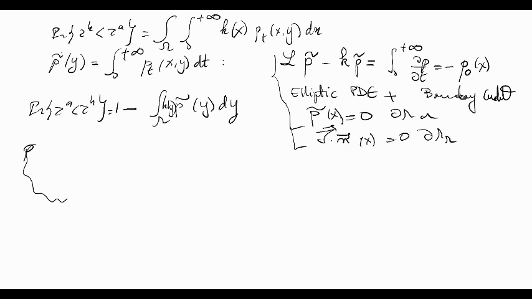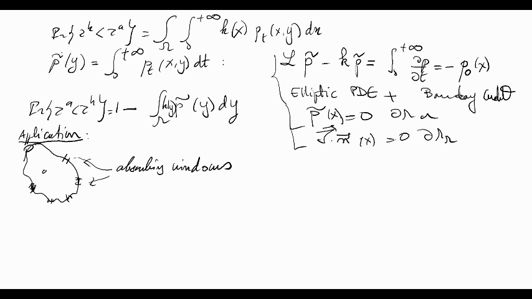So for example, now this is an application. Suppose you have small patches here. So those are the absorbing windows.